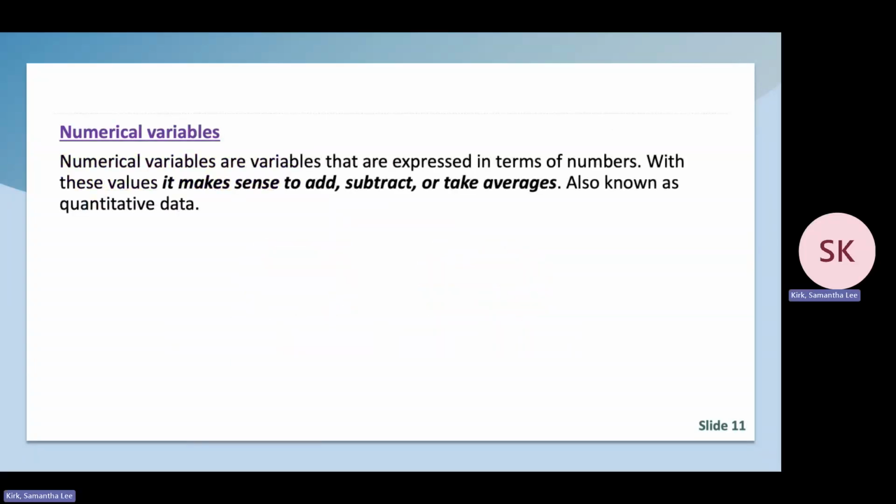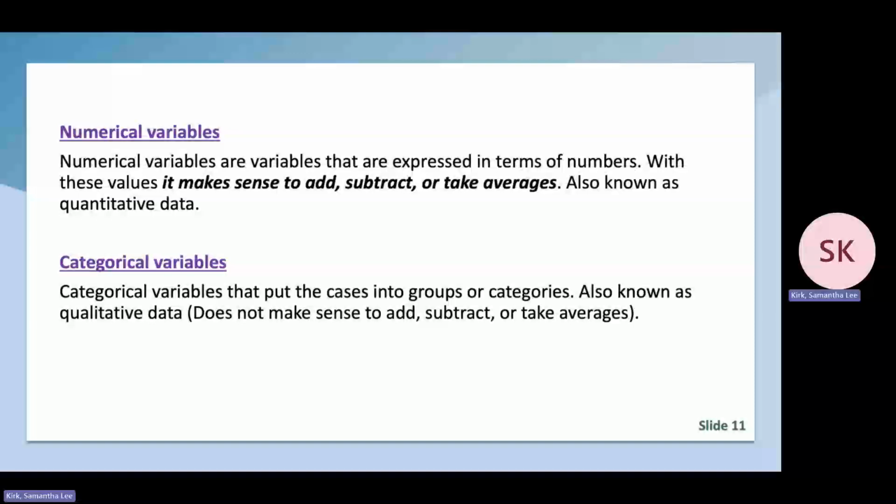So what is a numerical variable? It's a variable that can be expressed in terms of numbers, and not only does it have to be numbers, but it makes sense to add, subtract, or take averages. Numerical variables are also known as quantitative data. Now, categorical variables, on the other hand, are variables that put the cases, remember, cases are the individuals in the sample, into groups or categories.